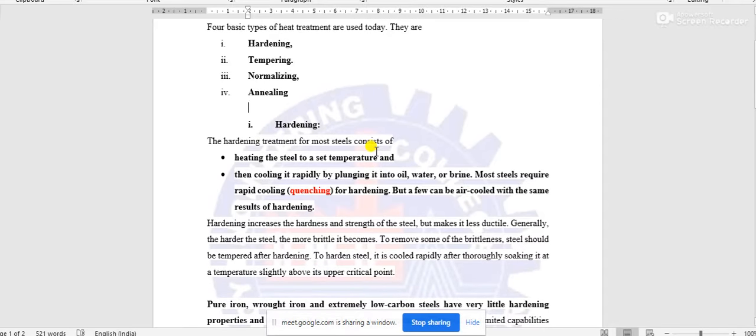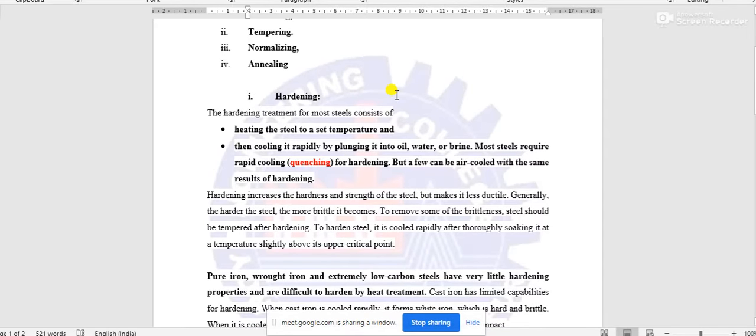Now, in the previous class, we already discussed that heat treatment is nothing but a process by which the metal, non-metal or any alloy will be hardened or strengthened. In the case of steel, the strength characteristics or hardness characteristics of steel will be improved by this heat treatment.